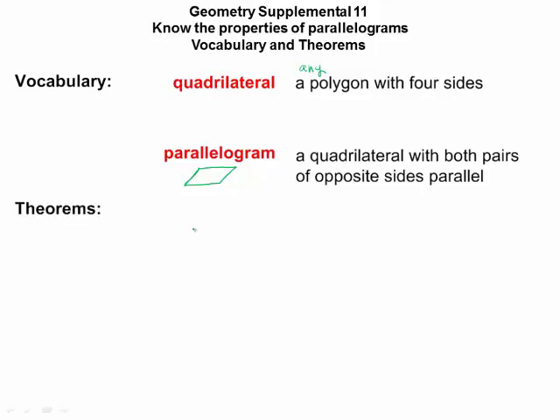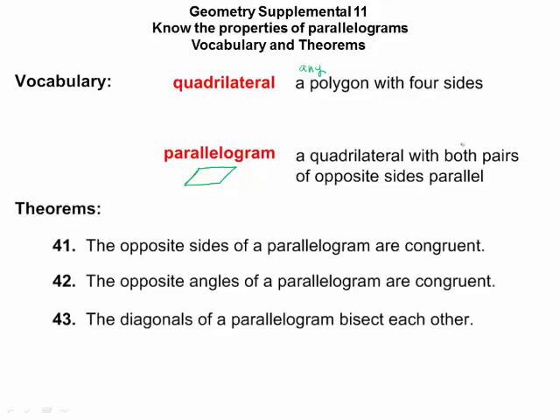Okay. We have some theorems about parallelograms. The opposite sides of a parallelogram are congruent. So if we have our parallelogram, it's nice straight lines, just pretend. Opposite sides are congruent, so this side is the same as that side.